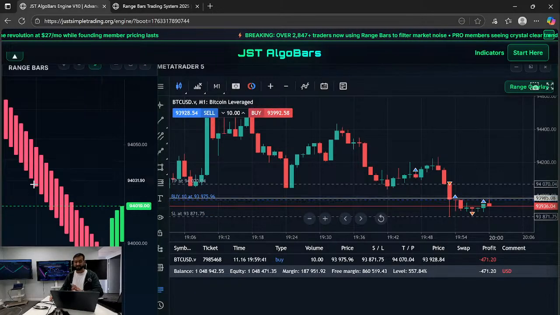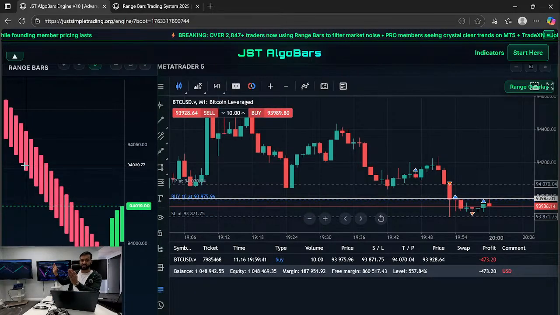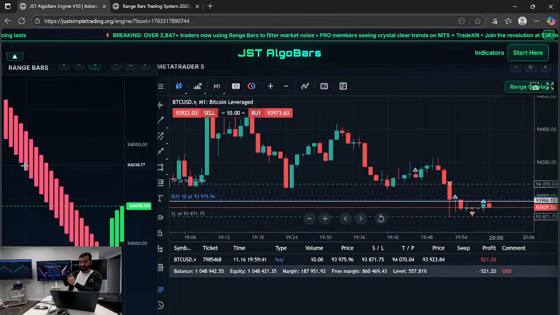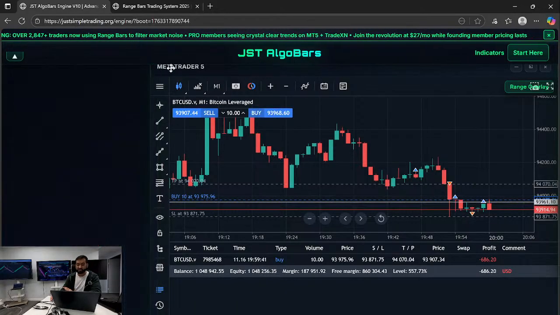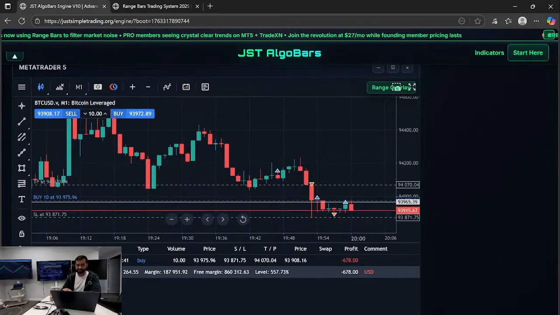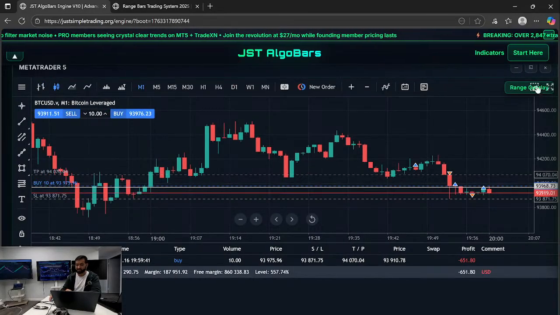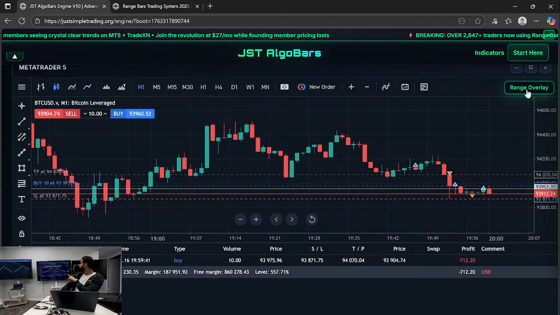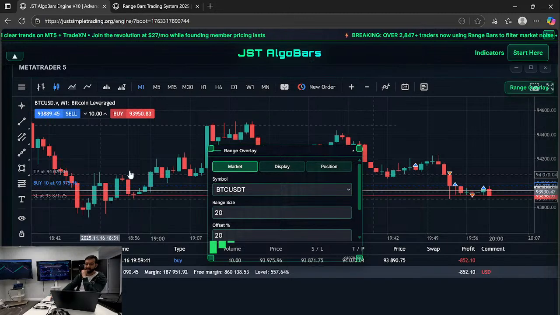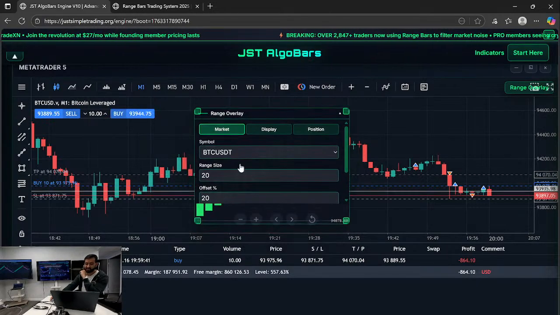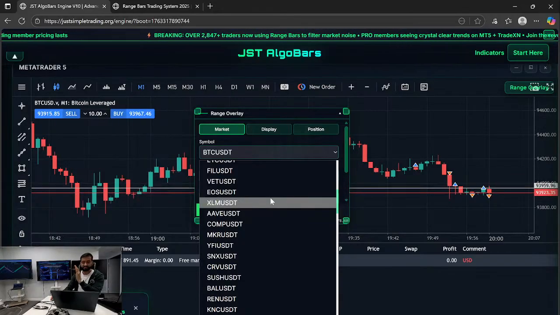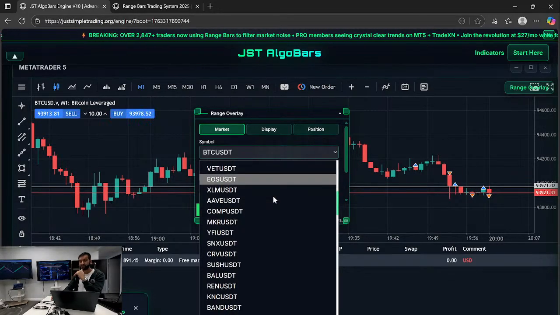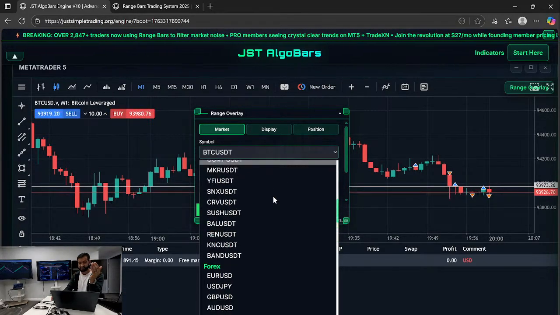Now here's the thing. Instead of having the range bars on the side like that and going back and forth, we've built the range bars overlay. Let me make this bigger so I'll show you how the overlay works. You click overlay on the top right corner, all right? And then right here, here's the range bars overlay. Now you can select your market. You can do the range bars overlay on any market that you have access to.